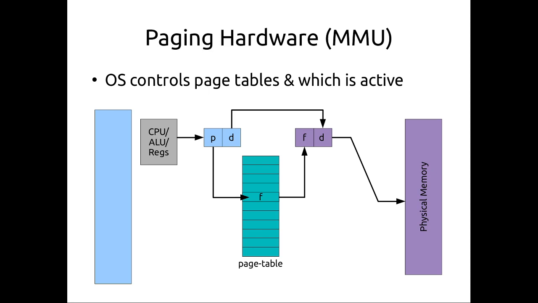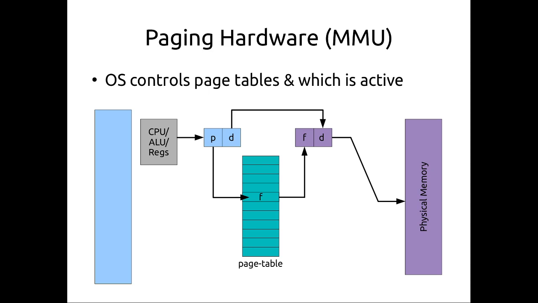Let me look at the 5th entry in the page table. In this case, P looks up the entry that contains F, which is the frame that corresponds to that specific virtual page. And then we can get the actual address in physical memory being accessed by that load or store by concatenating that F frame number with the offset into that frame that we're trying to access, and actually use that to access physical memory.